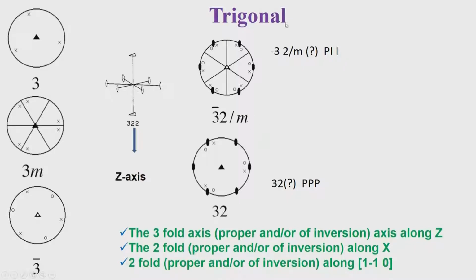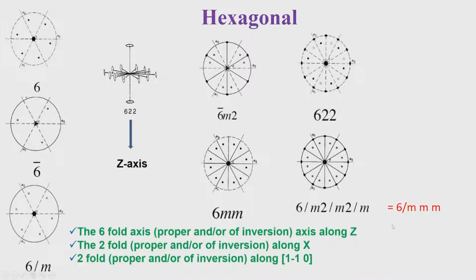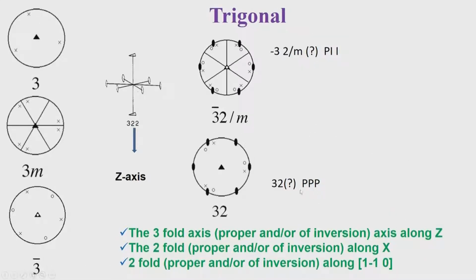I am just writing a question mark here and saying that it is proper by improper or improper by proper, whatever that is. I want you to find out what could be the symmetry in the third direction given this nomenclature. Similarly, in the case of 3 2, it is probably easier because I have already written proper. So, that will tell us the issue associated with 3 2 2.